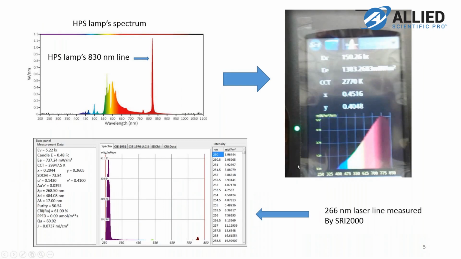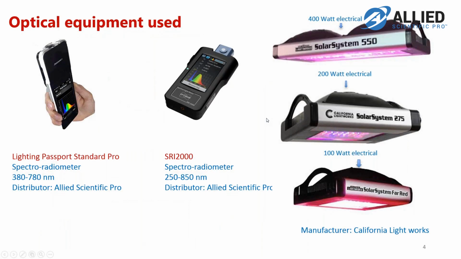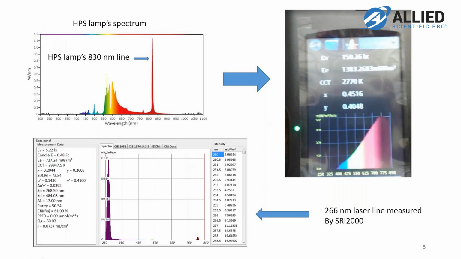Let me talk a little bit about the SRI 2000. This unit has a range from 250 to 850 nanometers, and I'm giving some examples. It's very useful for horticultural applications.